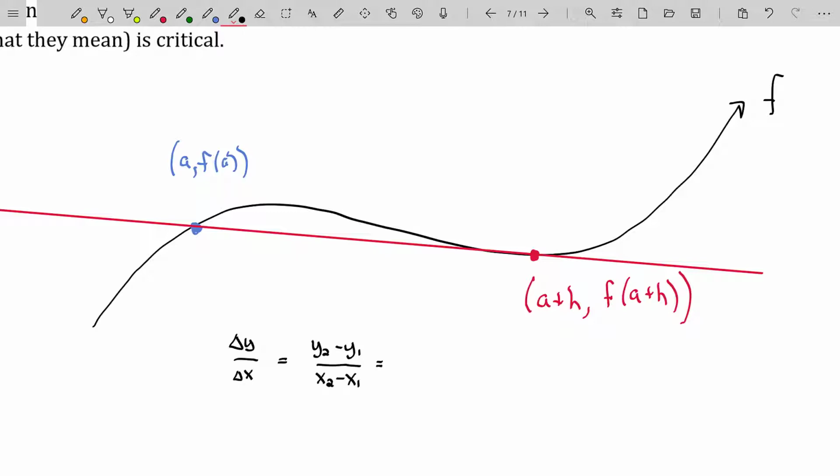So let's pretend as though the red point is my x2 comma y2 and the blue point is my x1 comma y1. If that's the case, the second y value is f of a plus h, and the second x value is a plus h, minus the first y value, y sub 1, which is f at a, and its associated x value is a.